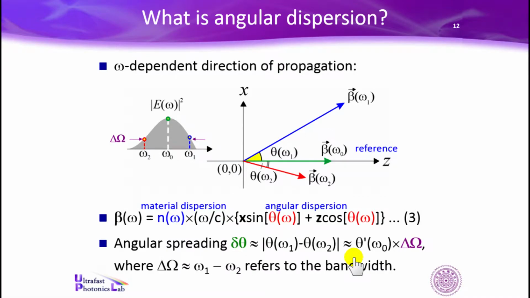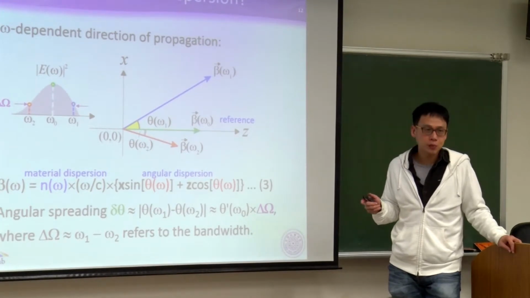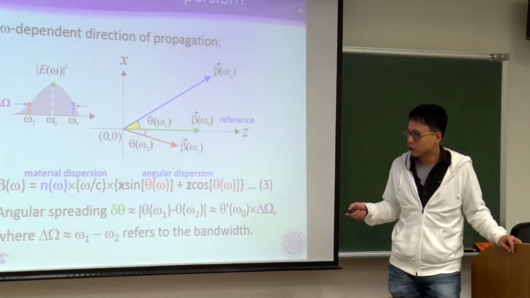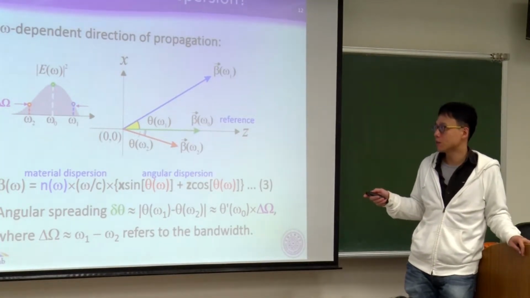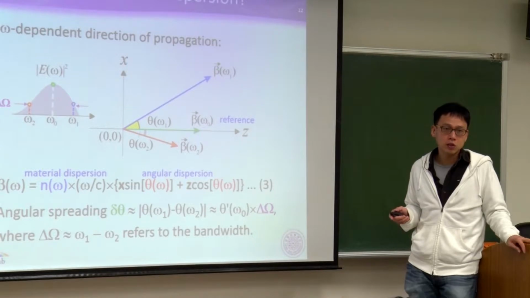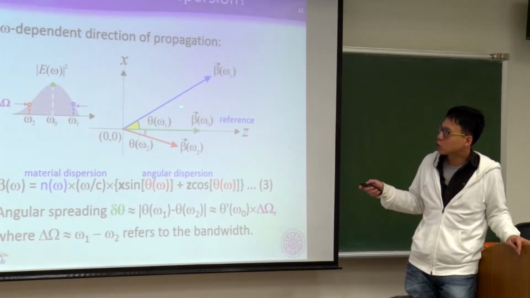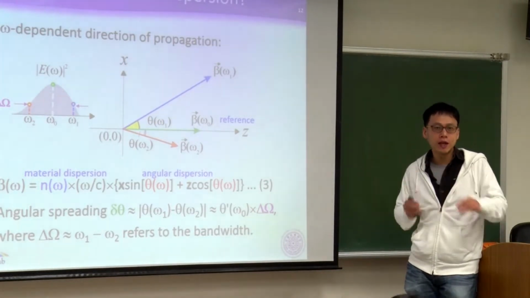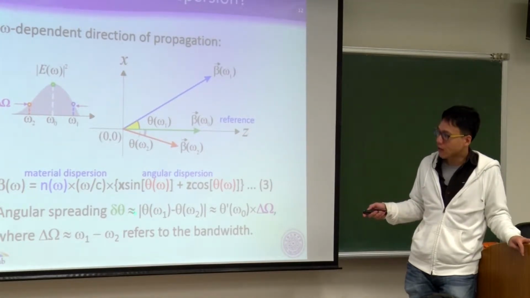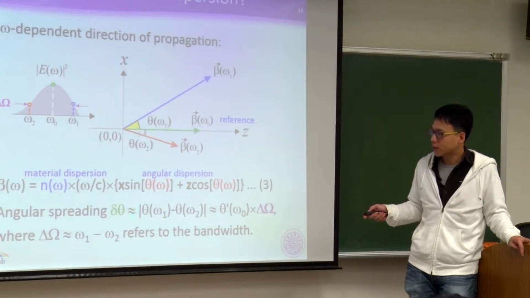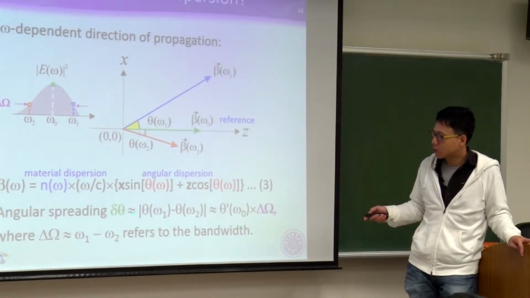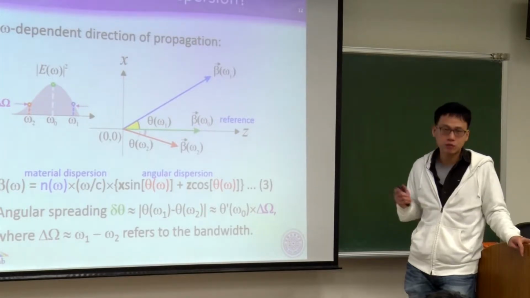But here I want to emphasize angular dispersion is different from angular spreading. What is angular spreading? Roughly speaking, it means with this broadband signal, how wide the group of arrows will spread angularly. Say this number is delta theta. You can approximate delta theta by this first order formula, the absolute value of theta of omega 1 minus theta of omega 2, right? So angular spreading describes how each color of my broadband signal propagates along a different direction, and after considering all the possibilities, how many degrees this beam spreads in angle. The way to estimate it is to subtract the angle of the lowest frequency from the angle of the highest frequency and take the absolute value.